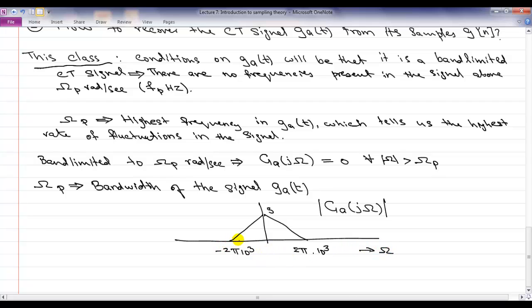So this signal, is it band limited or not? It's band limited because it becomes 0 after 2 pi 10 to the 3 radians per second. So the bandwidth of this signal in hertz is 1 kilohertz. So this is a 1 kilohertz bandwidth signal.